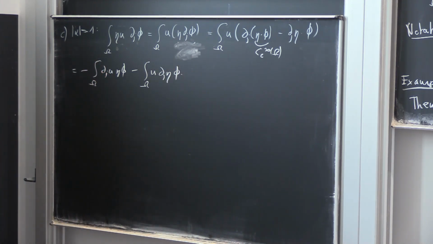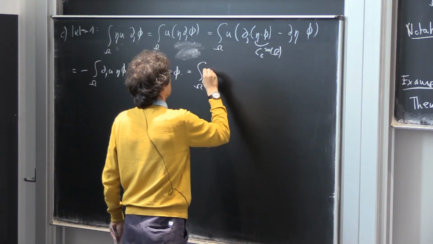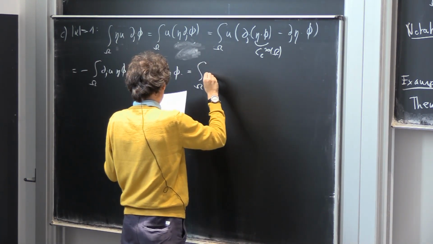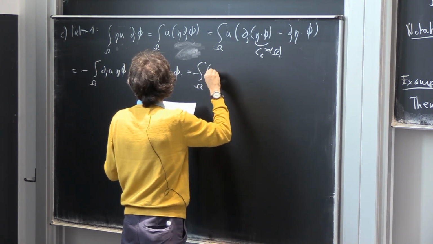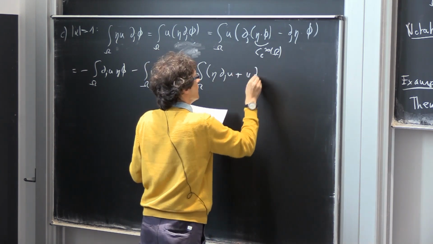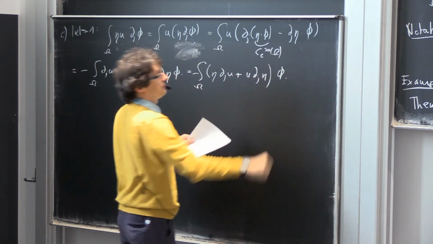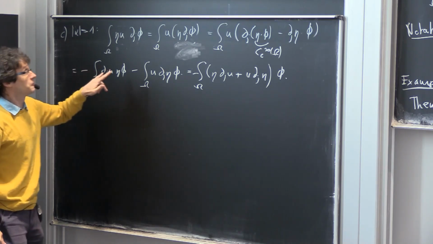So, and what did we achieve? Perhaps to make it even clearer, this is integral over omega minus integral over omega eta d_j u plus u d_j eta times phi. And this is the weak derivative.